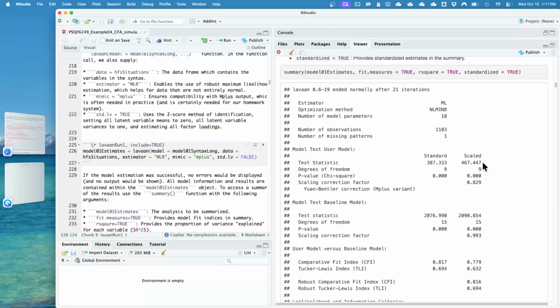The question is, what is this chi-square test statistic being a test of? And I think we might have had an answer. It's against the saturated model. That's right. It's testing does our model fit as well as the saturated model? Because you have to remember, the saturated model subsumes all CFA models.